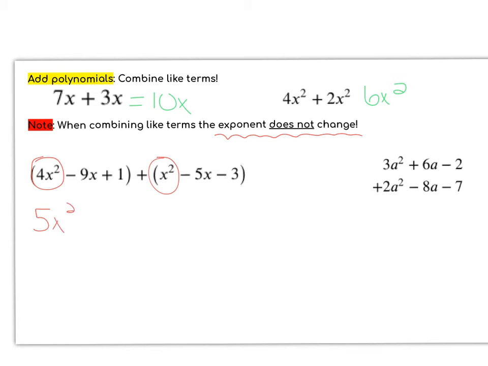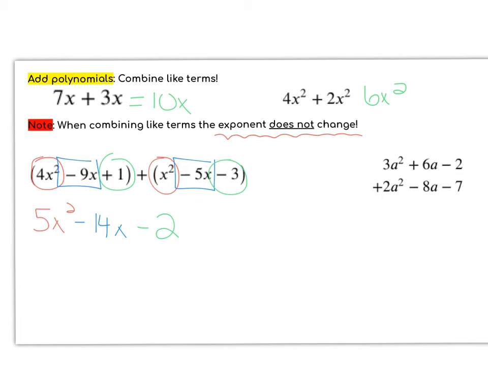That's going to be 5x squared. Then I've got minus 9x minus 5x. That's minus not 13. That's minus 14x. And then plus 1 minus 3 is minus 2. So when I add those two polynomials, I get 5x squared minus 14x minus 2.